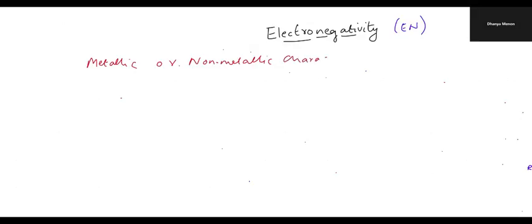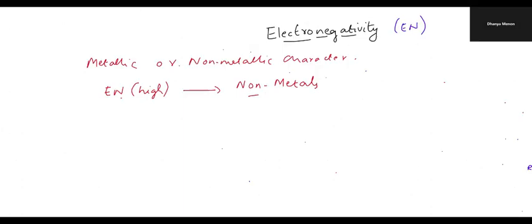Now, if the electronegativity value is very high, then that highlights the more tendency to attract the electron pair. Okay, so that means nonmetals attract electrons more readily. So if the electronegativity value is very high, that means the element tends to attract the electrons. So that means that will be a non-metal.